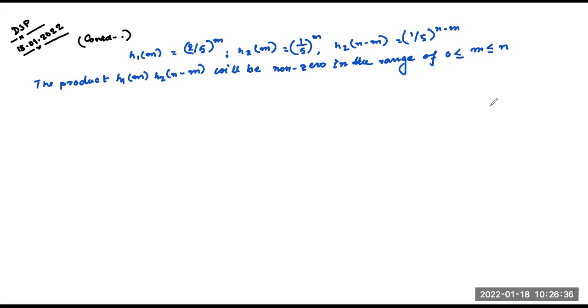Therefore, the summation index will also be changed. So what will the summation index be? Now the summation index will be from 0 to n. So we can now write h of n equals summation of m equals 0 to n, h1[m] into h2[n minus m].